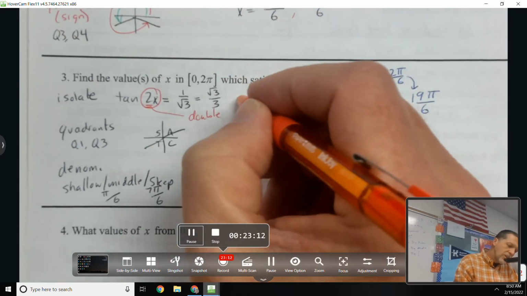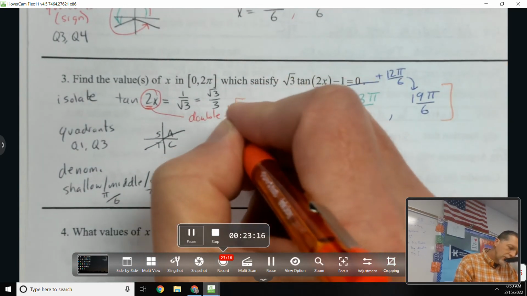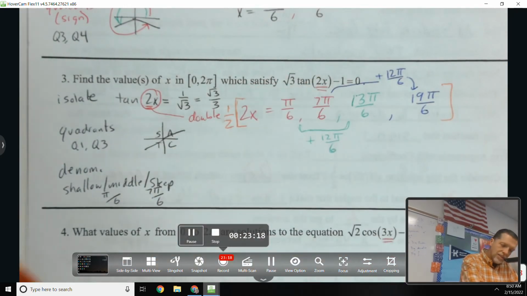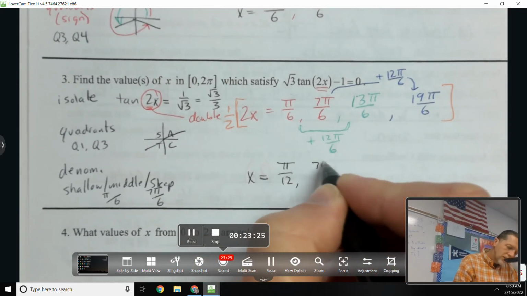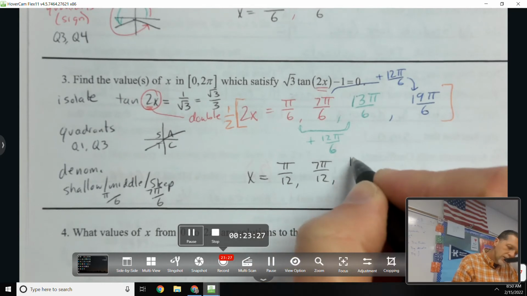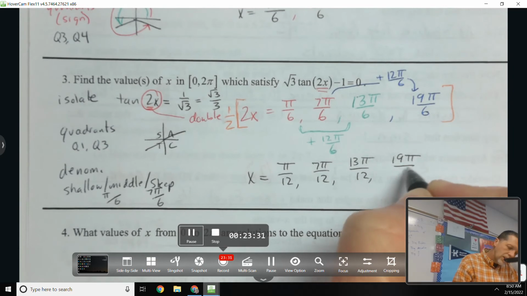So they're basically going to be all over 12. Multiply by 1/2 to get rid of that 2 on there. And so, yeah, they're all going to be over 12. Pi over 12, 7 pi over 12, 13 pi over 12, 19 pi over 12.